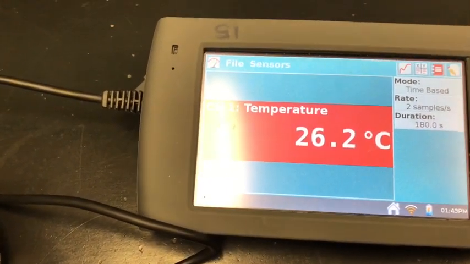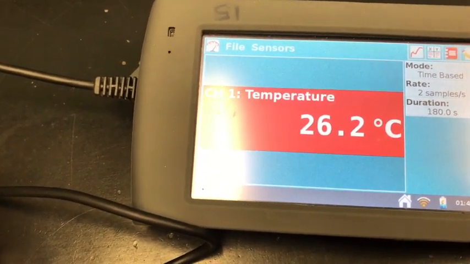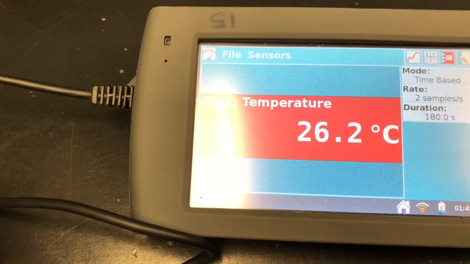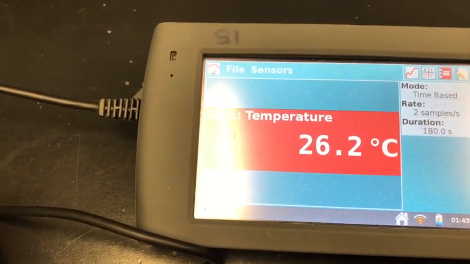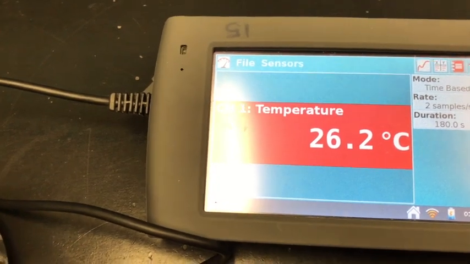It seems the water temperature is really not changing anymore. So we're going to go ahead and call this our final temperature. So both the water and the metal now are 26.2 degrees Celsius.